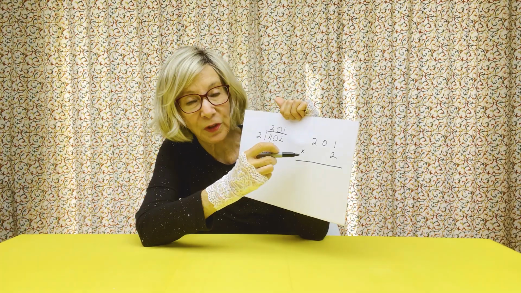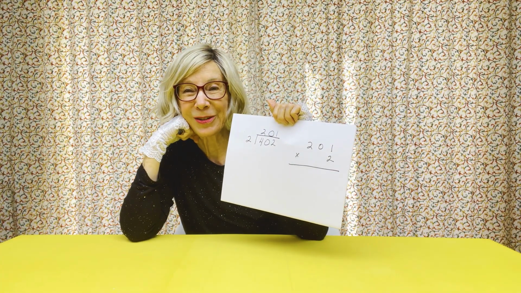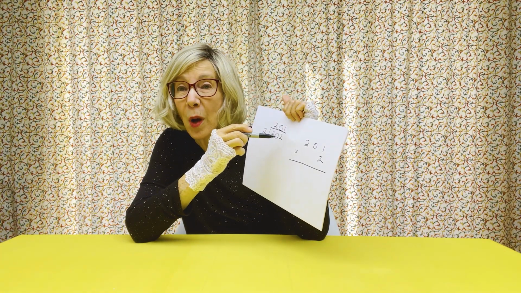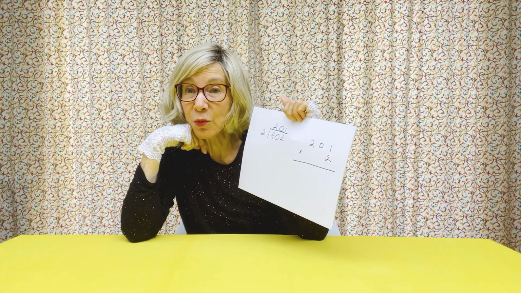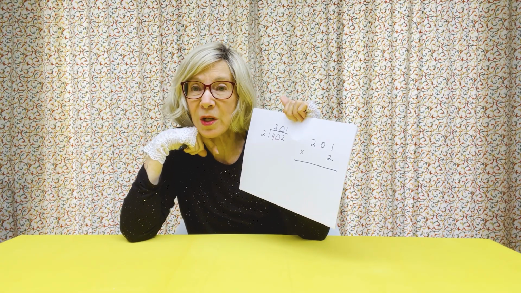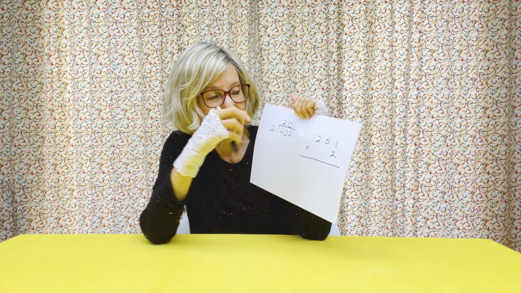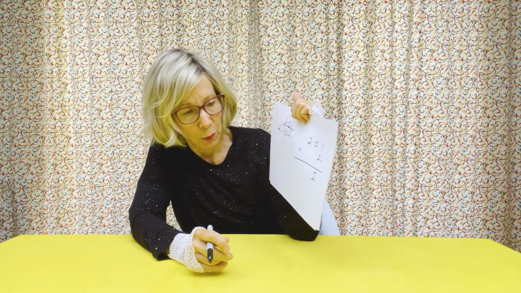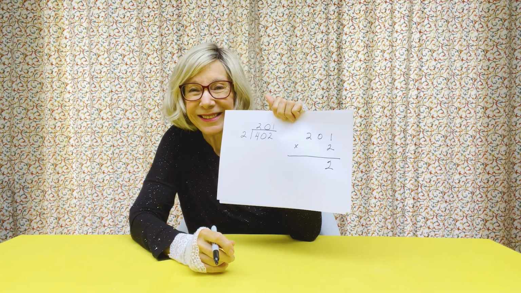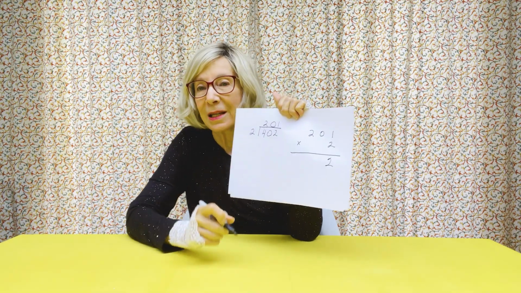And if you were looking over here, you already saw the right answer, right? 201. So now let's prove that it's the right answer by using our multiplication facts. We have 1 taken 2 times is 2. Oops, it's a very fancy 2, huh? Okay, and we have 0 taken twice.